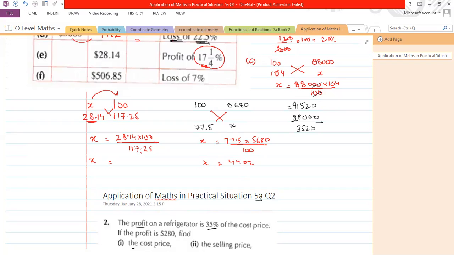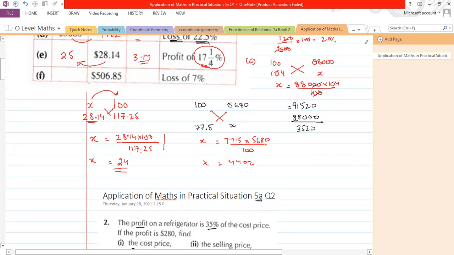Let's do it. 28.14 multiplied by 100 divided by 117.25. So the price was 24. This was the price. You're going to simplify this part, you're going to get 25. Now you just simply subtract it, you're going to get around 3.14.